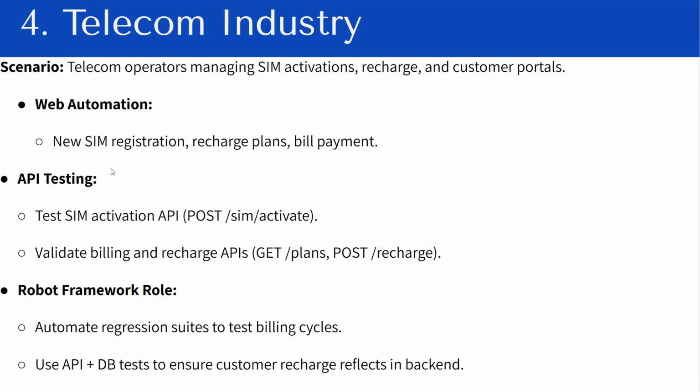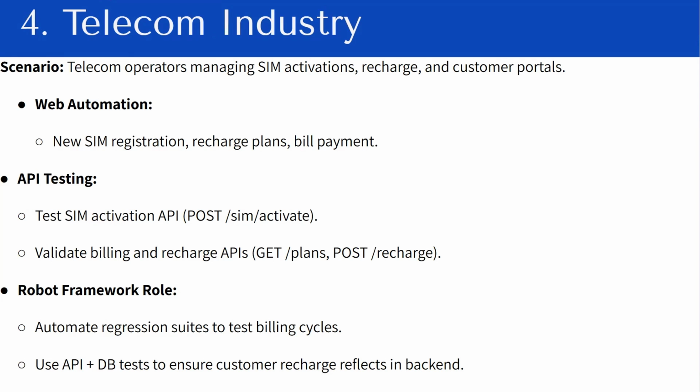When you work in a project, it's not that you have only UI testing there. In a complete project, you have different things: UI testing, API testing, backend testing. A lot of testing is required, and one part of it is API testing, which we are learning. In one particular industry, it's divided into three parts. That means three different testings, and maybe at one place we'll be combining all three. That's why I brought these real-time scenarios to you, so you get a clear idea that in real-time testing we don't have only one kind of testing, API testing or web testing.